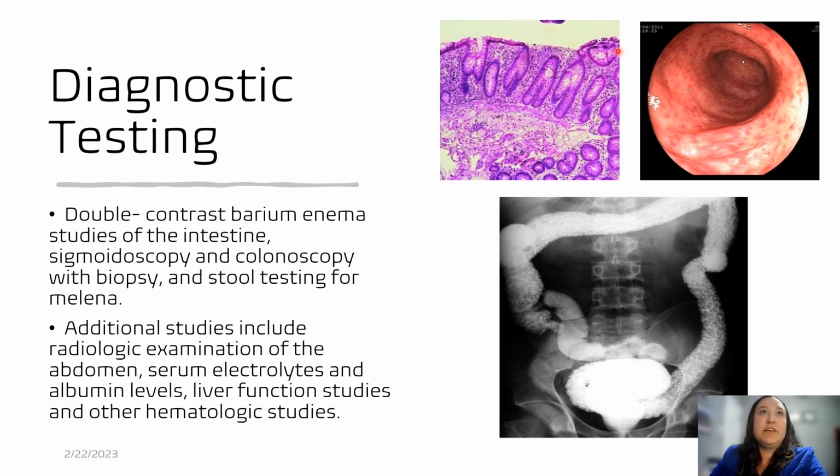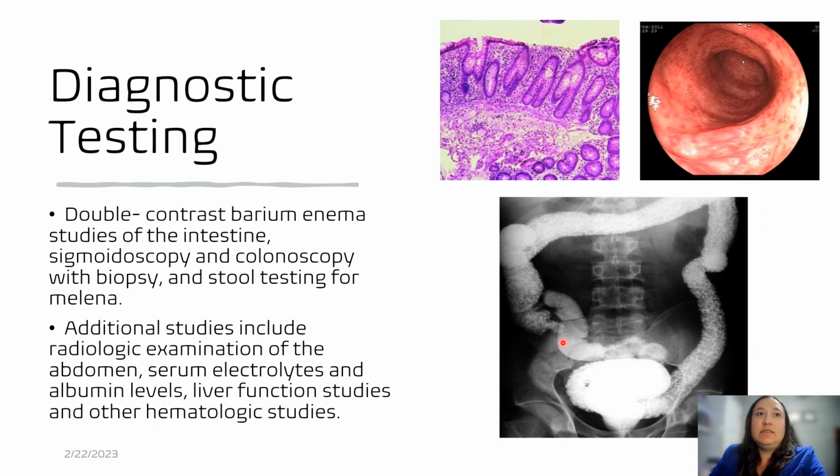The pictures over here, this is a sample of a biopsy that was taken, and this is its view under the microscope. This is a picture from a colonoscopy, and you can see the redness around here and how it's really inflamed and irritated.